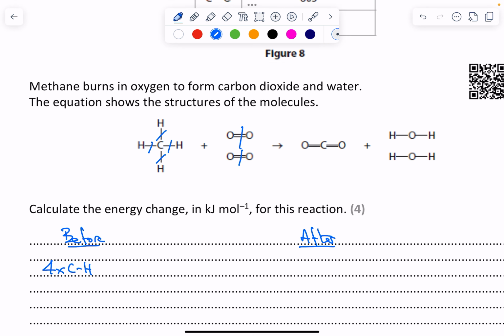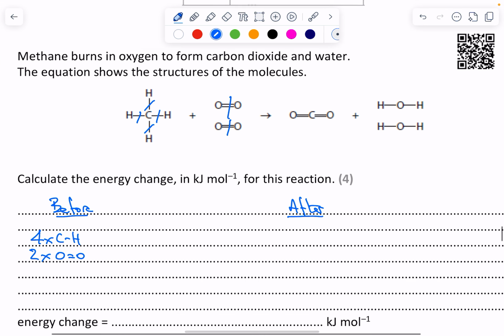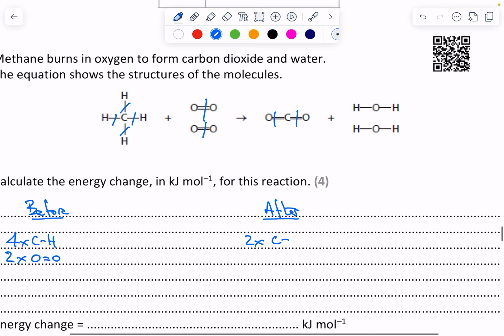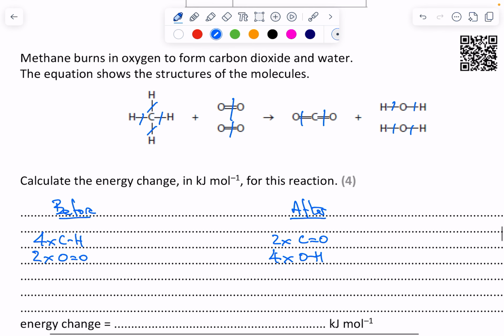And then we're going to break 1, 2 lots of the double bonds for oxygen. Afterwards, we're going to make 2 lots of C double bonded to O. And we're also going to make 1, 2, 3, 4 lots of OH bonds.